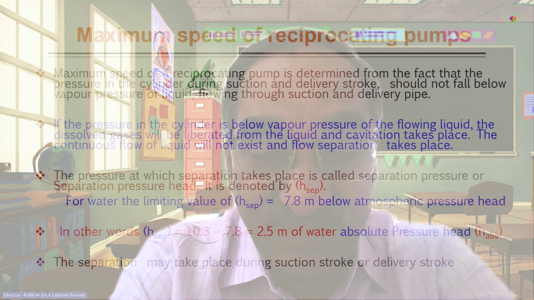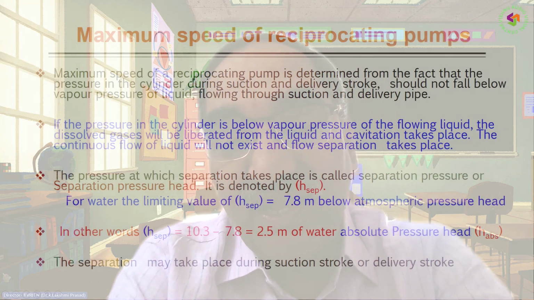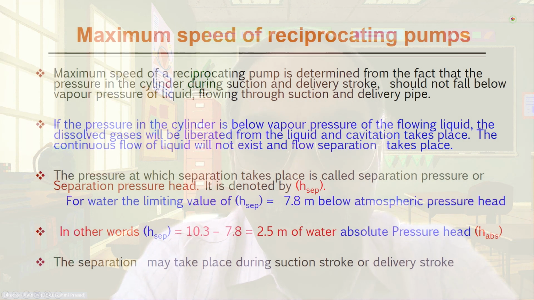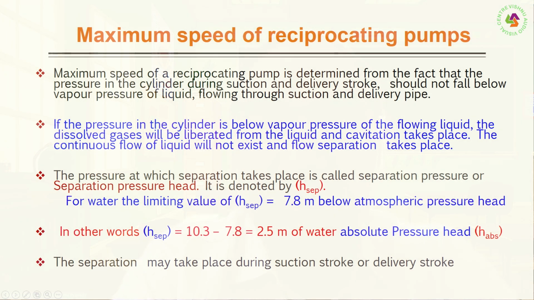This maximum speed of the reciprocating pump can be obtained based on one simple fact. The pressure head in the cylinder at any instant of time, that means during suction stroke or during delivery stroke, should not fall below the vapor pressure of the liquid which is flowing in the suction pipe and delivery pipe.